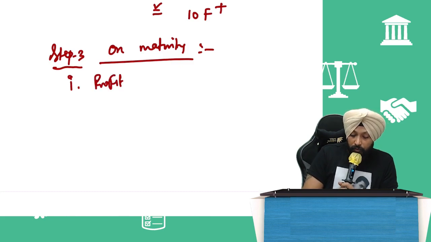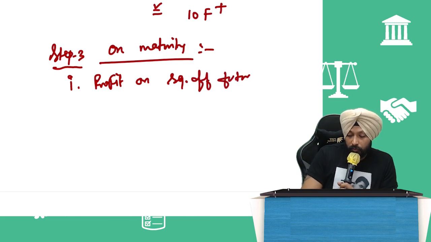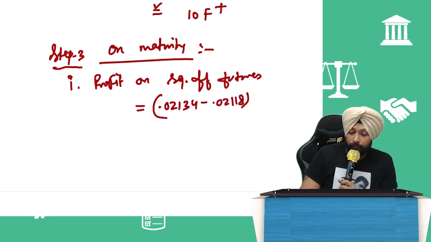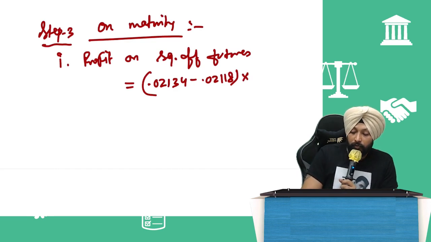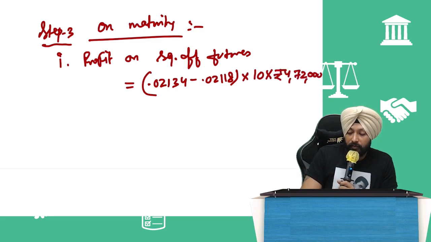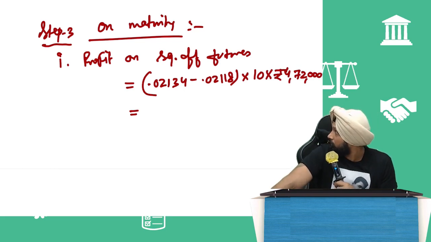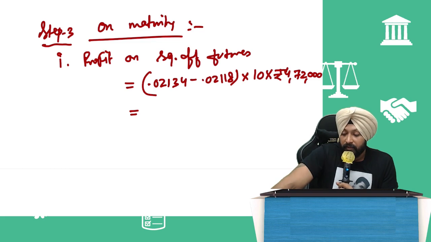Please write profit on squaring of futures: 0.02134 minus 0.02118 into number of lots 10 into lot size 4,72,000.